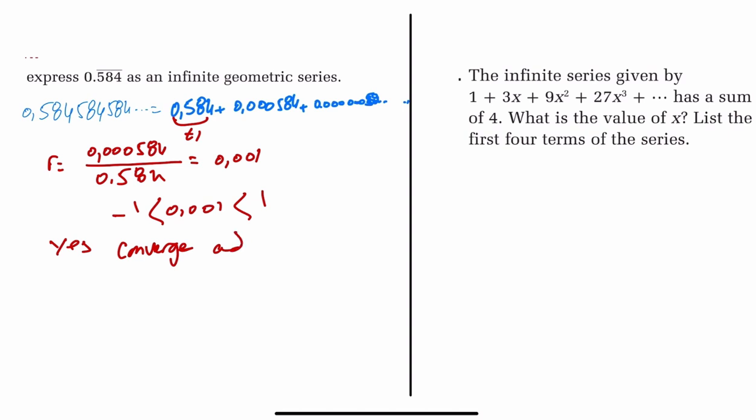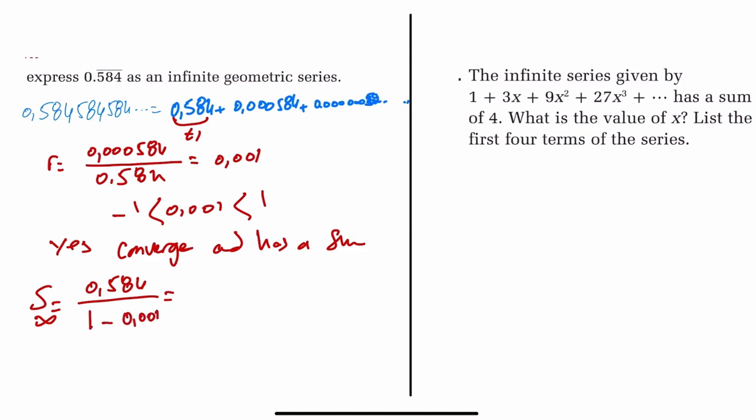and has a sum. So the finite sum S is the first term, which is 0.584, divided by 1 minus R, which is 0.001.